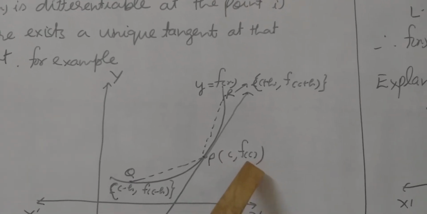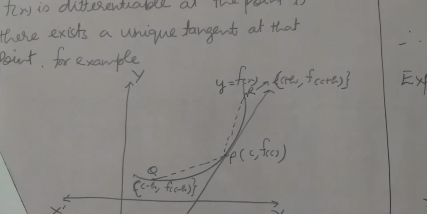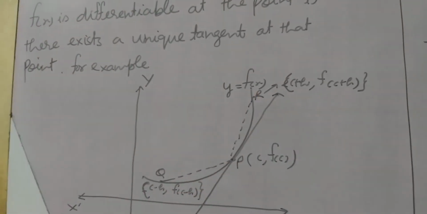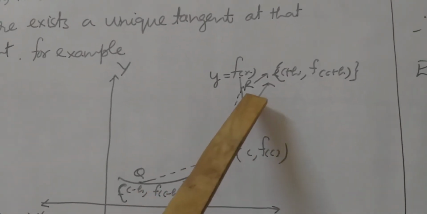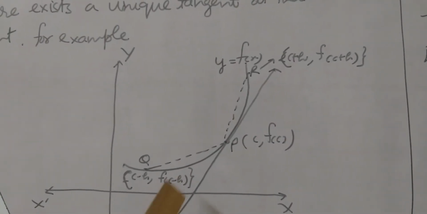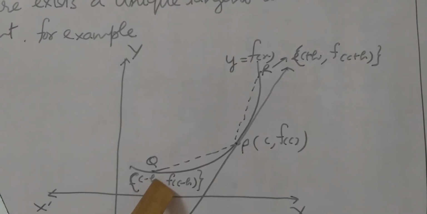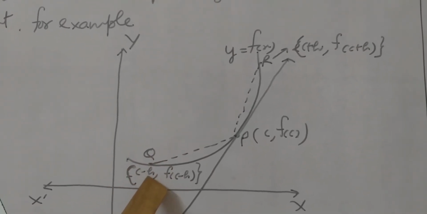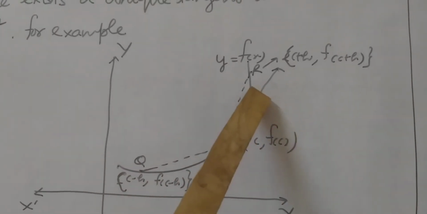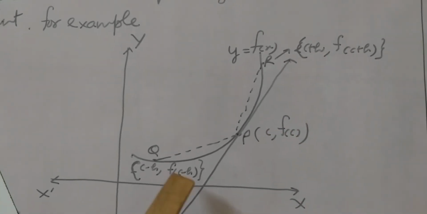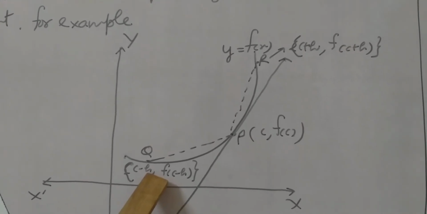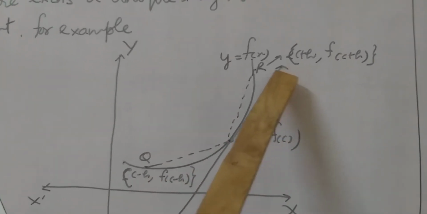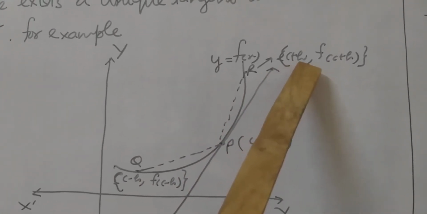Okay, c, f(c), this is the point, and this is the curve y equals f(x), and there are two points Q and R. Q shows the left hand value, and R shows the right hand value. For the left hand value, a little bit less than c, c minus h is taken, and at R a little bit more, c plus h is taken.